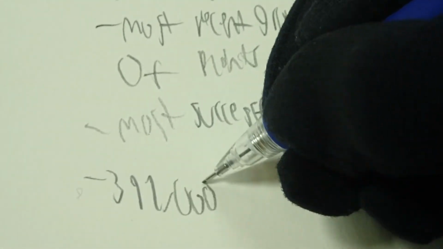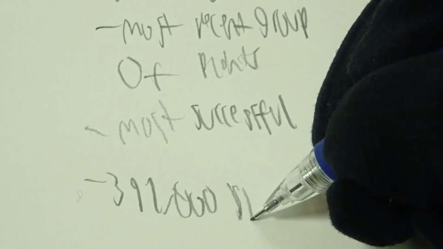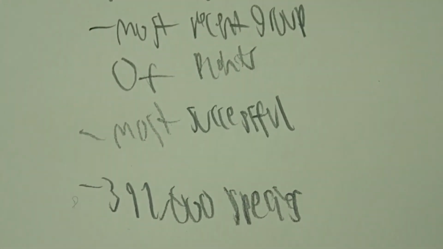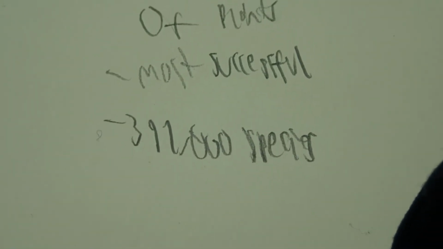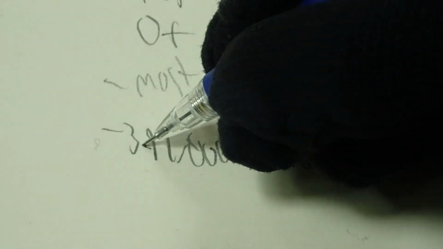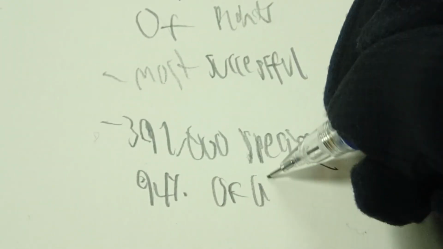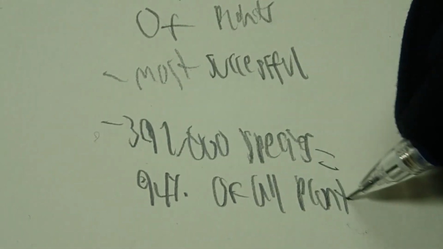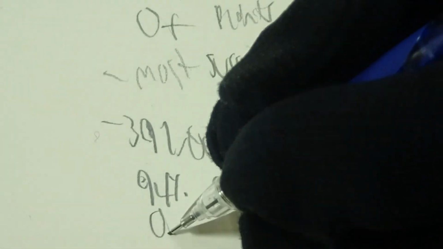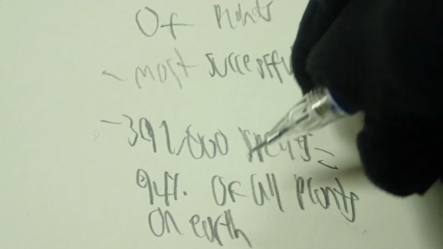There are about 391,000 species of flowering plants, which equals 94% of all plants on Earth.